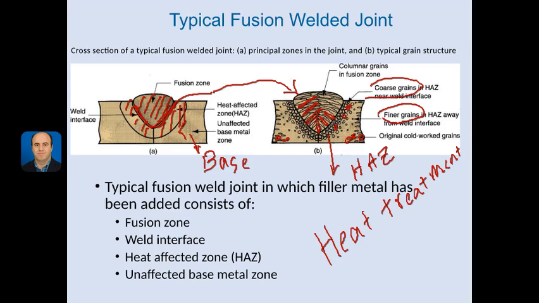Then the microstructure will change. So depending on the material and the application, you can find the appropriate microstructure for the application that it is intended to be used for.